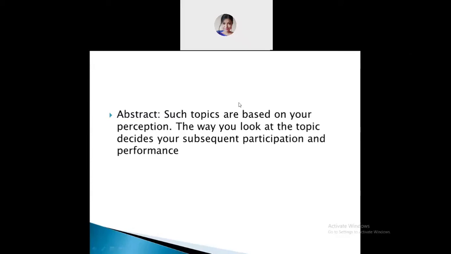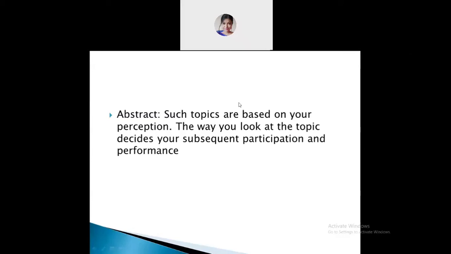As I have said, these are topics which are rarely given in group discussions. And yes, of course, you will get this kind of topics if you want to get into a creative line, if you choose a creative profession, then this kind of topics might be given to you in order to check your creativity skills.